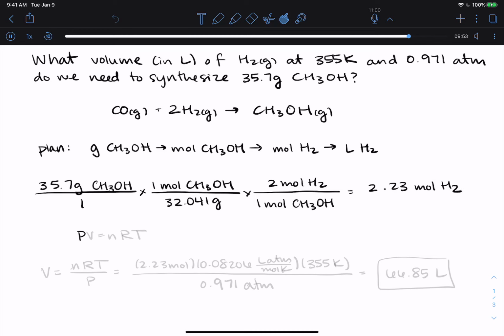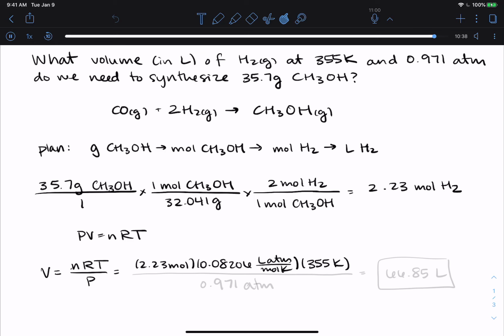Now, ideal gas law, PV equals nRT, I'm looking to calculate a volume, so I really like to rearrange my equation first, so I'm going to do that. So if I just divide both sides by pressure, then my volume calculation would be nRT over P. And so it's 2.23 moles times 0.08206 liter atmospheres per mole Kelvin times 355 Kelvin.